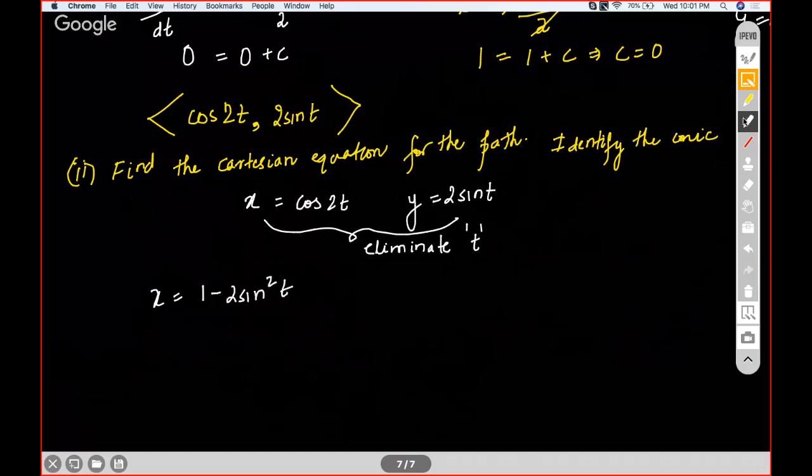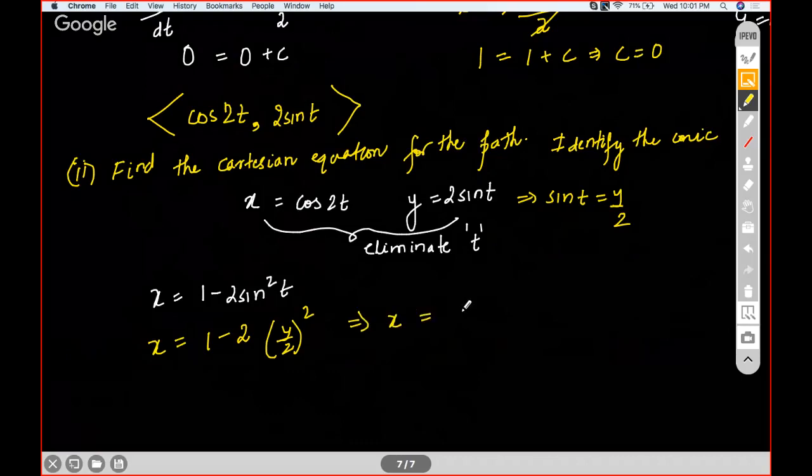Now from here we can get sin t as y by 2. Substitute it over here. So x is equal to 1 minus, y square is 2 minus 2x. That's a parabola.